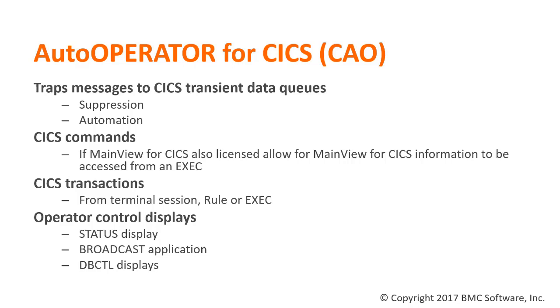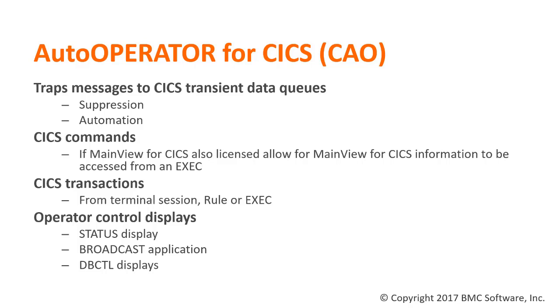The AutoOperator for CICS solution, or CAO, traps messages produced by CICS and CICS applications. Many of the messages produced by CICS are written to transient data queues. Not all of the DFH messages produced by CICS are written as WTO messages to the console. Several of these are written to the transient data queues.